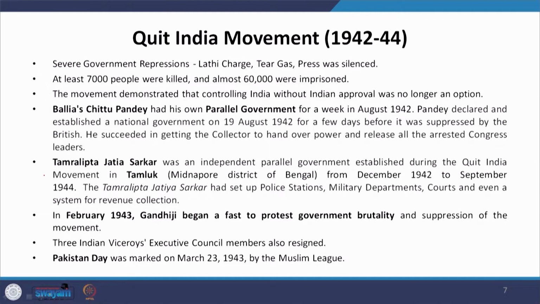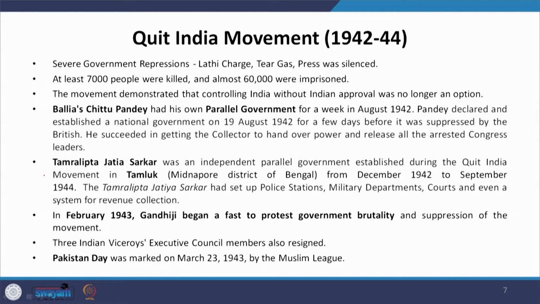The second instance that we see is in Midnapur, West Bengal. Tamralipta Jatiya Sarkar was an independent parallel government that was established during the Quit India movement in Tamluk, and Tamluk is in Midnapur district of Bengal. It ran between December 1942 and September 1944.